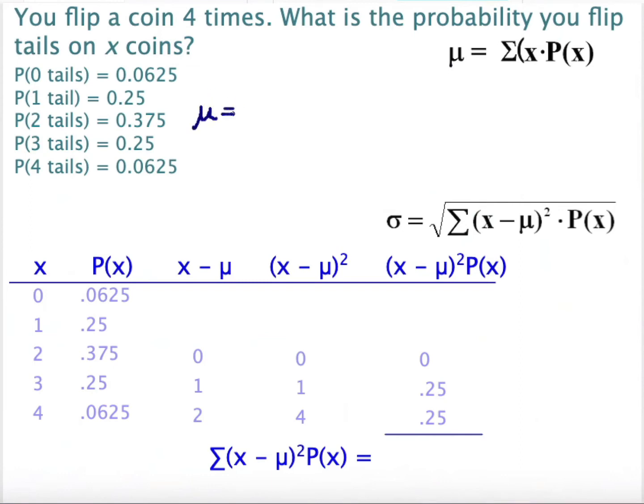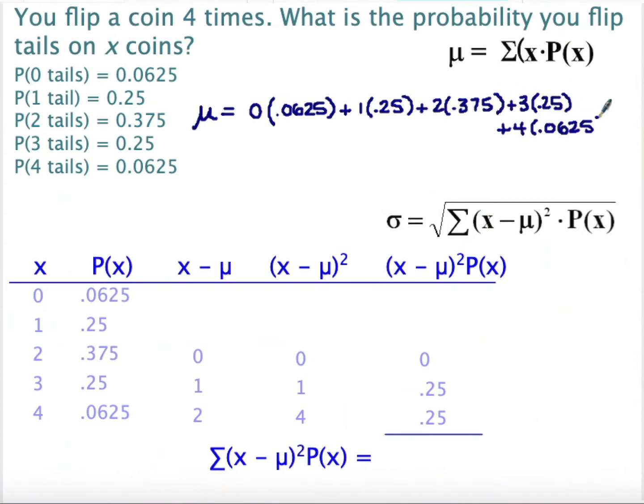So mu is going to be the sum of each x value, each random variable, so in this first one, 0 tails, times the probability of 0 tails, plus 1 tail times the probability of 1 tail, and so on. And we type that all in and we get 2.